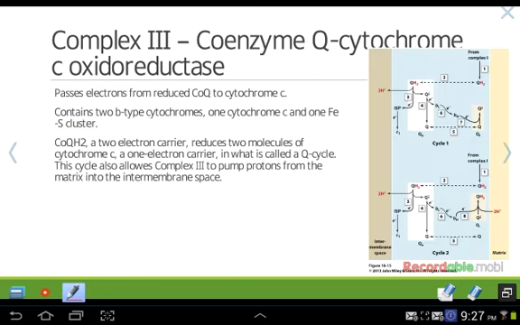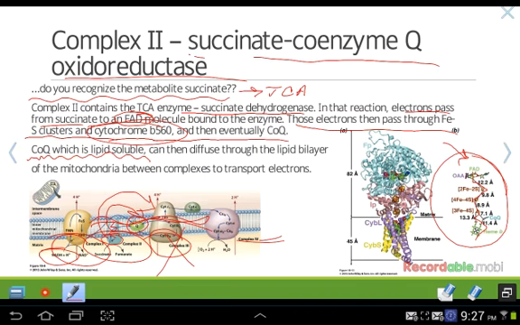Complex 3 is also called coenzyme Q cytochrome c oxidoreductase. Here electrons pass from CoQ to cytochrome c. CoQ gives its electrons to complex 3 through all these different cytochromes, and then eventually to cytochrome c, which is again a mobile protein on the membrane that can go between complex 3 and complex 4.